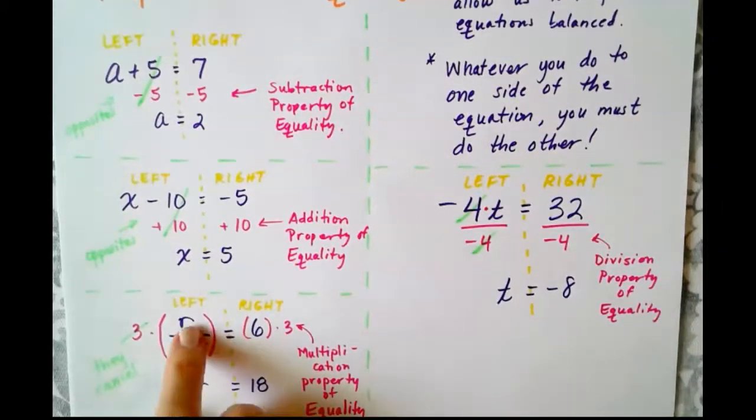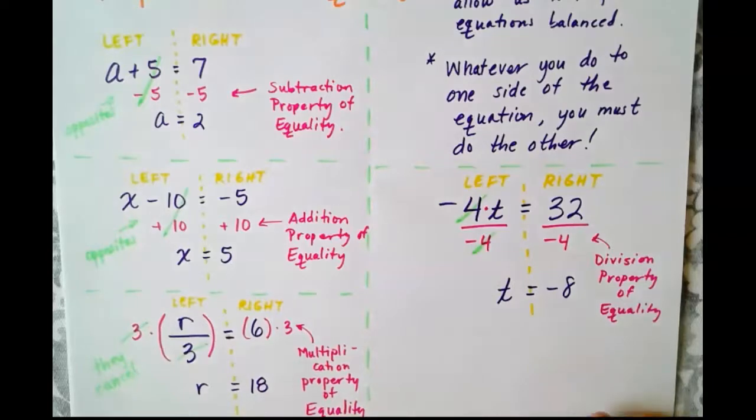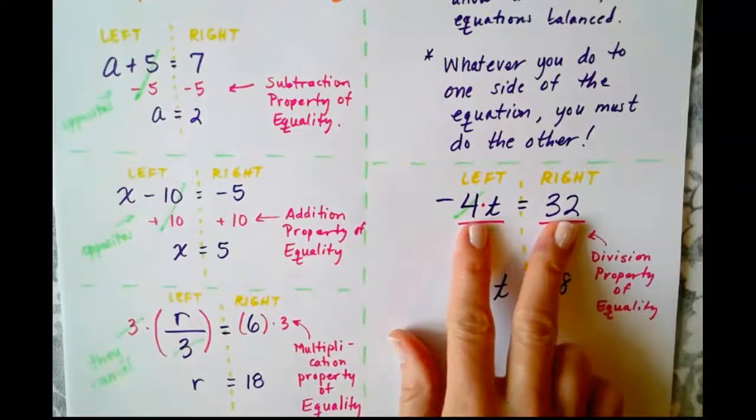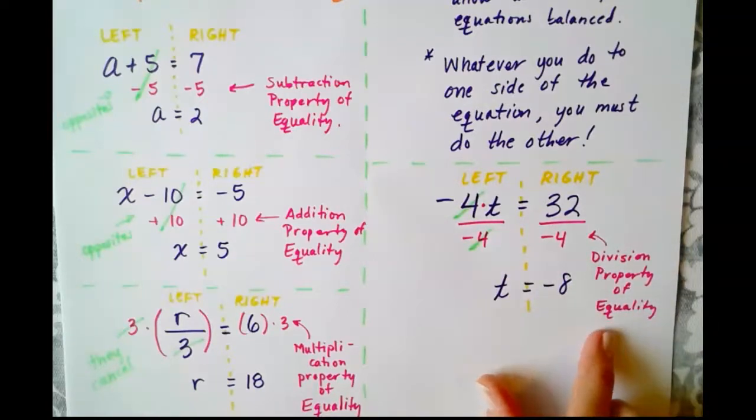If we have r divided by 3, if I want to undo division by 3, I multiply both sides by 3. That's the multiplication property of equality. And finally, if I have negative 4 times t, if I want the t by itself, I can divide both sides by negative 4. That's using the division property of equality.